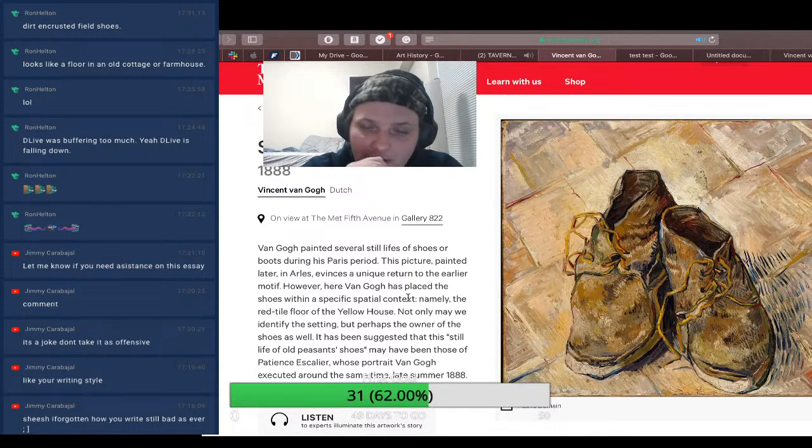But I don't think I would automatically think these were a peasant boy's shoes or know who the peasant boy was, just by the context I have alone. So I think I would have to come up with my own version of what the shoes are and what they represent.